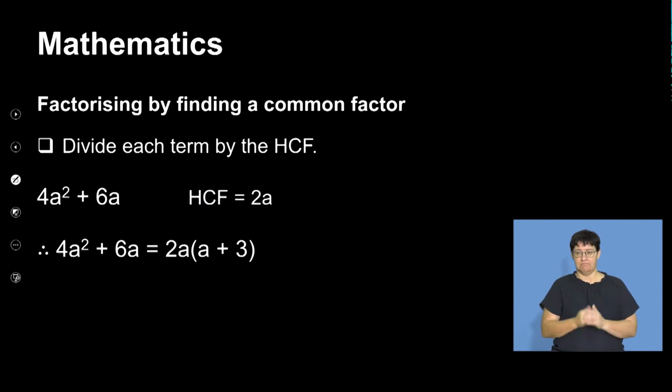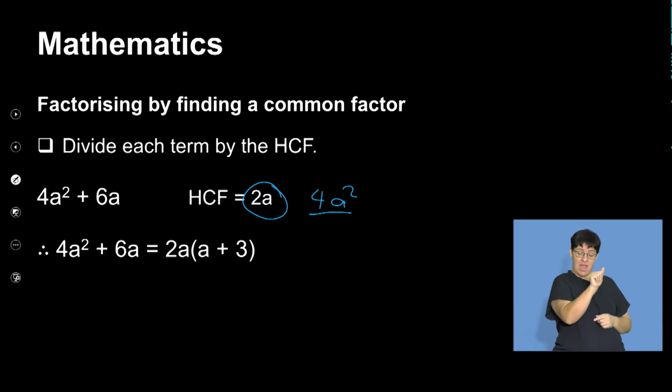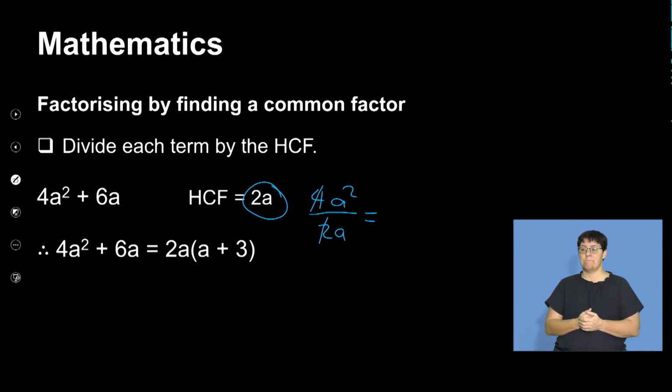Now also, what if the common factor is a variable and a coefficient, meaning a variable and a number as a term? So in this one, the common factor will be 2a. How do I get my answer again? Remember, the first term, which is 4a squared, you divide it by 2a, and this will give me, the 2 goes in there twice, the a cancels 1a there, and I'm left with 2a.